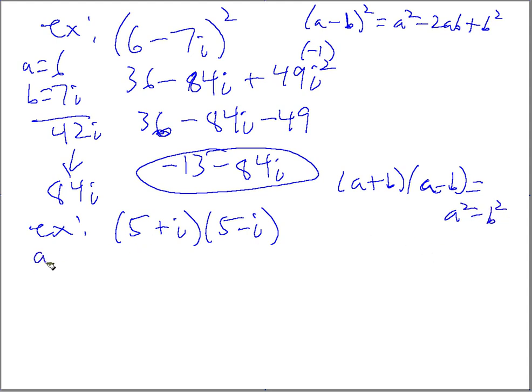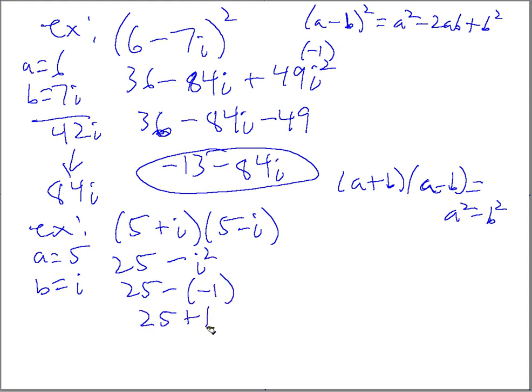So again, my A is 5, my B is what? i. So A squared is what? 25, right? Minus B squared, i squared. So 25 minus negative 1, right, for i squared. So 25 plus 1, or just simply 26, if I multiply these two complex numbers together.